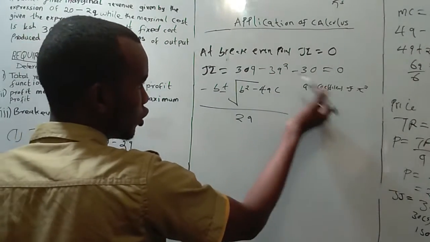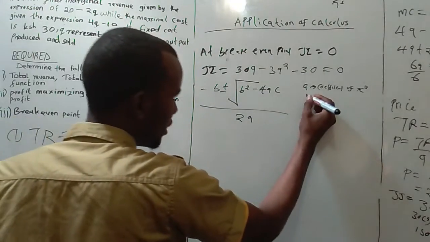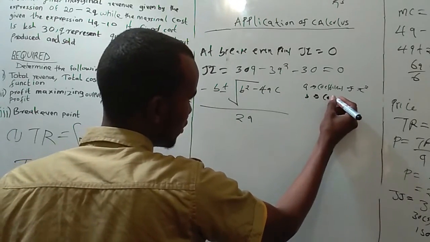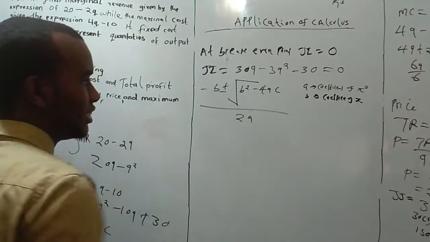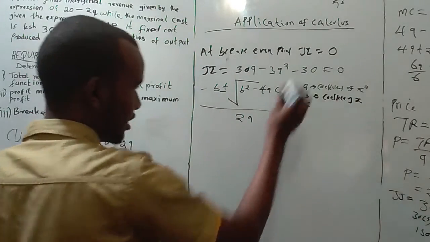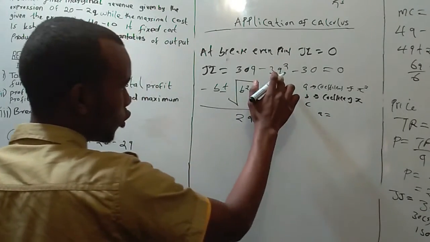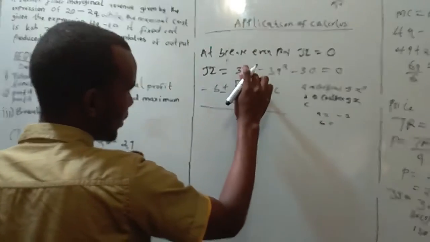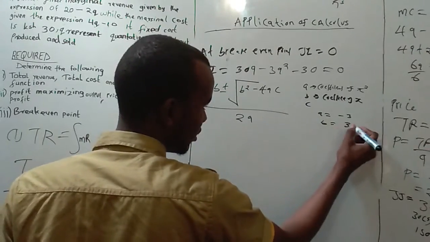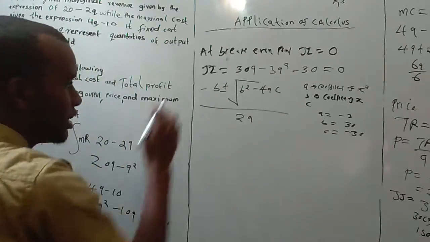Now, the coefficient of q squared is our value for a, which is negative 3. b is the coefficient of x, which is the q, which is 30. Then c is the constant, which is negative 30. So a is negative 3, b is 30, and c is negative 30. Now you can substitute it here.